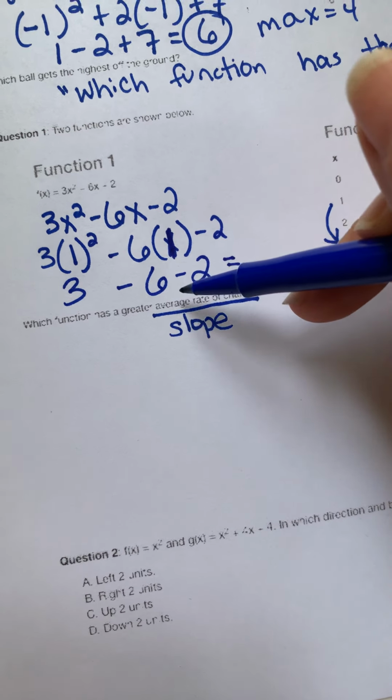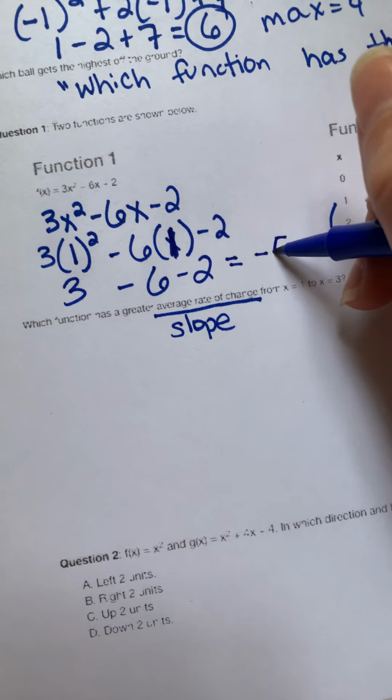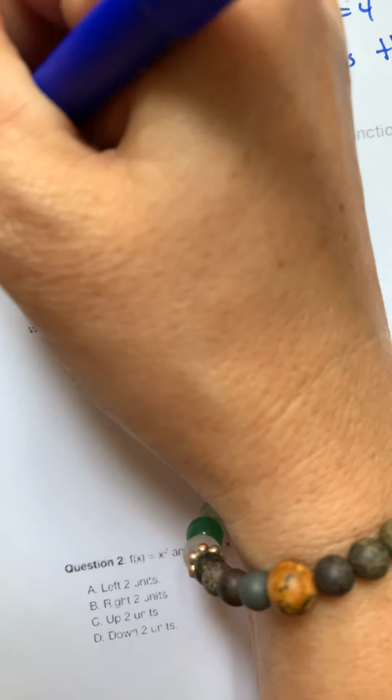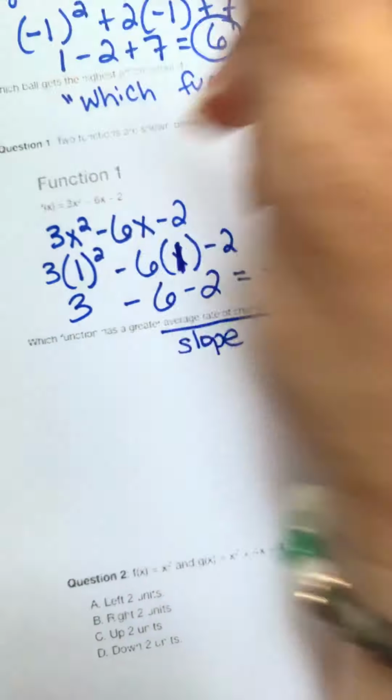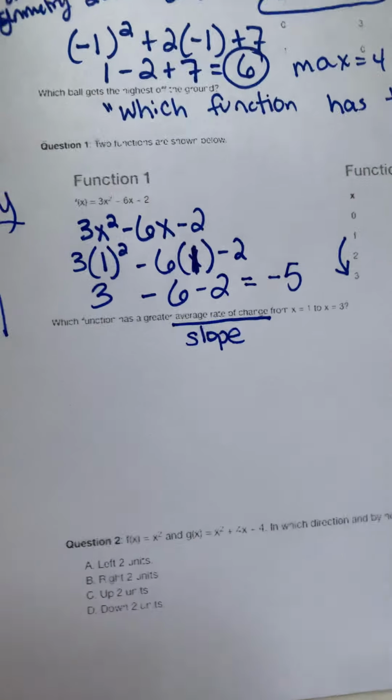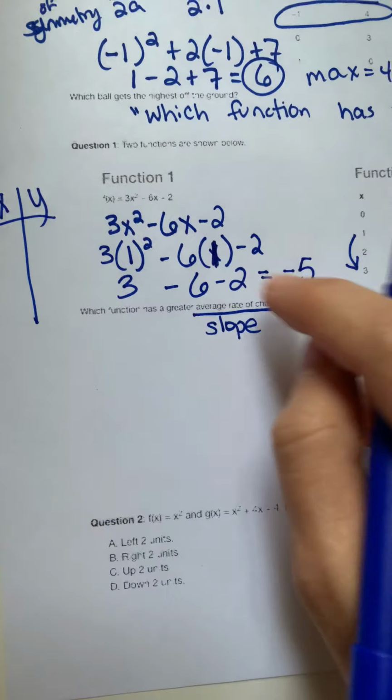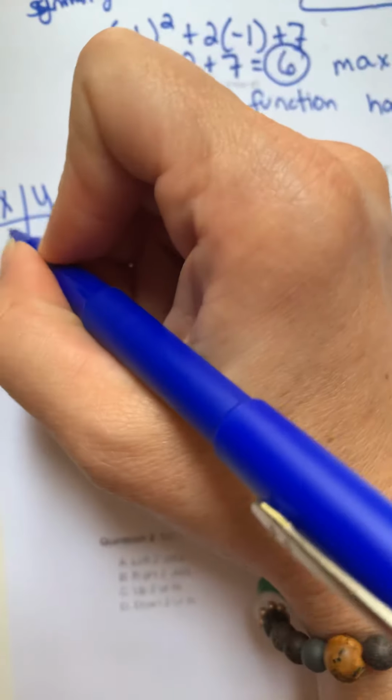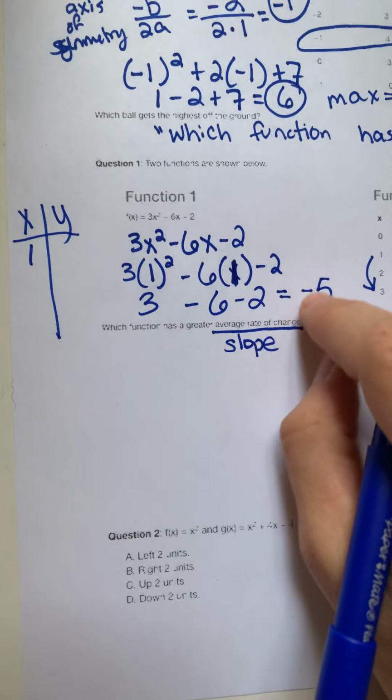So 3 and -8 is -5. I'm going to just do an XY table, just like they had here, so I could see what the difference is. So when I plugged in an x of 1, I got out -5.